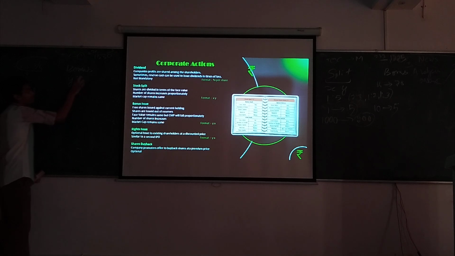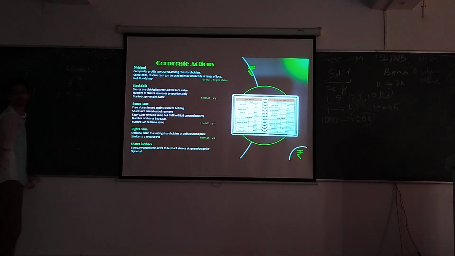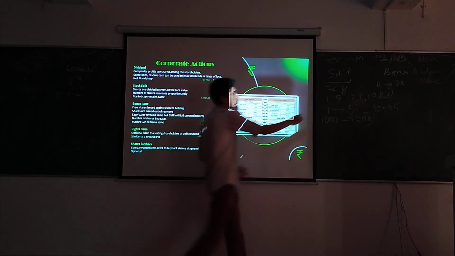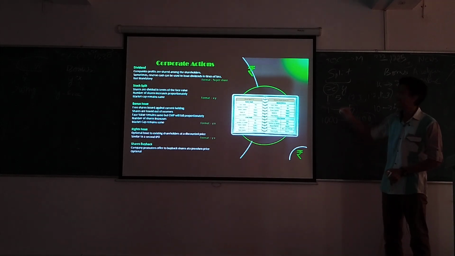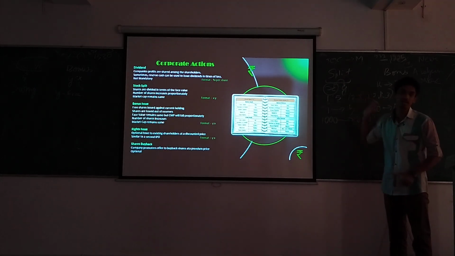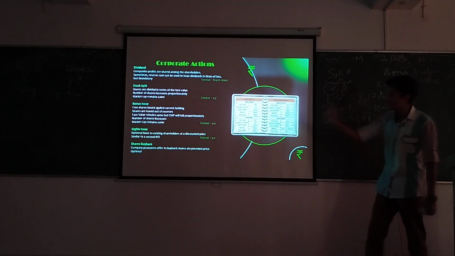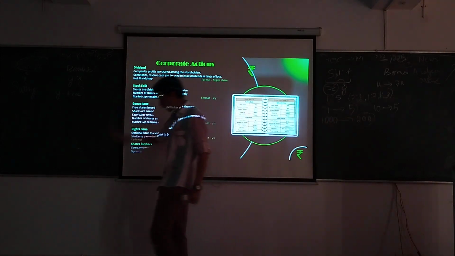Meaning, for every X number of shares held, you will get Y number of shares for free. A bonus is something that is given for free. In a split the ratio was X is to Y, which means each X number of shares held is split into Y number of parts. In a bonus, it is given the other way around.